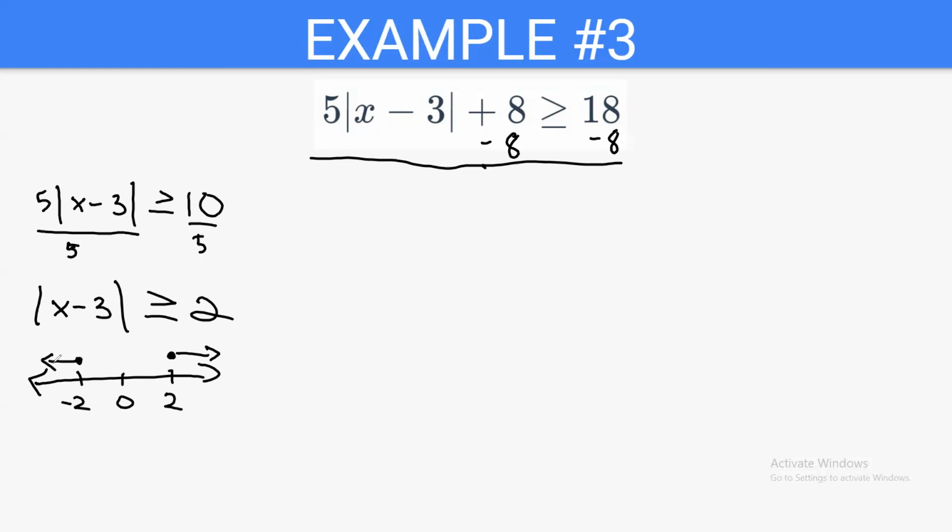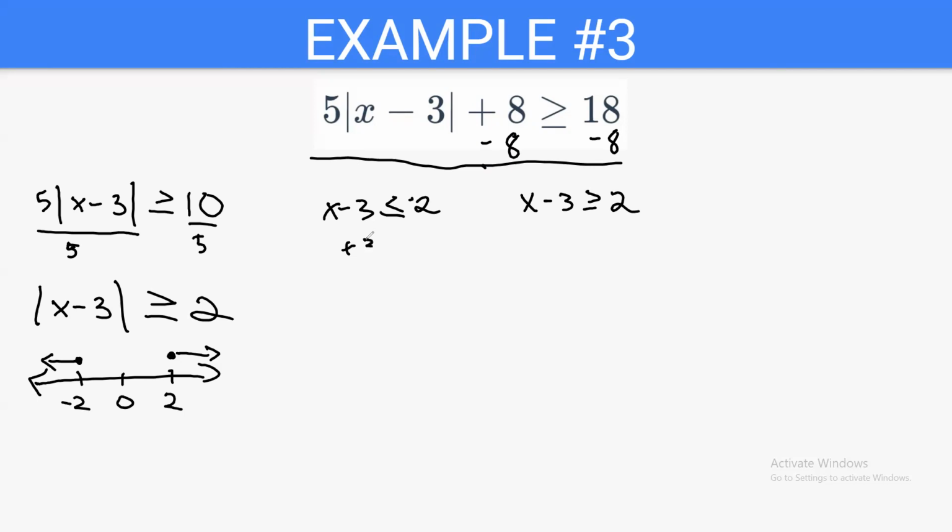Because the distances away from that point are greater than 2. Okay? So I have two equations. X minus 3 is less than or equal to negative 2, or x minus 3 is greater than or equal to 2, right?